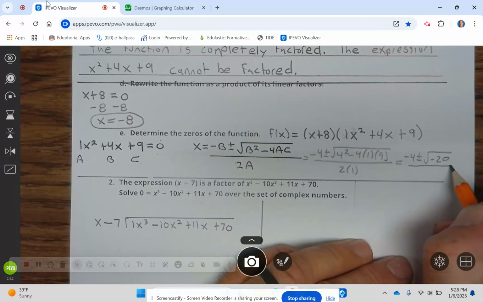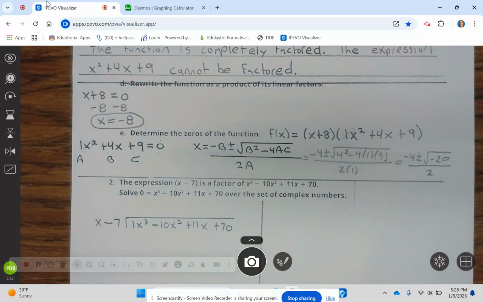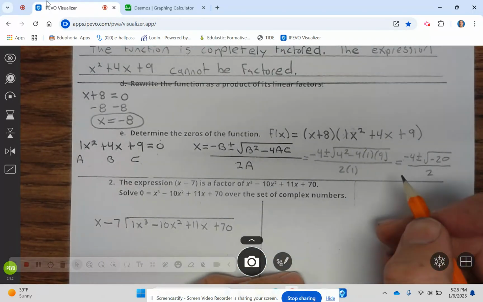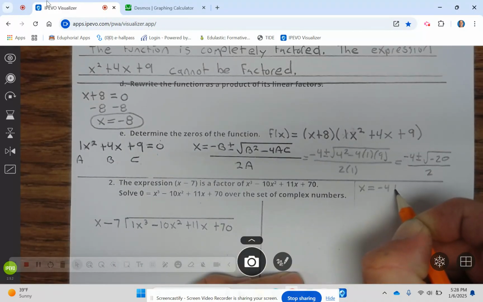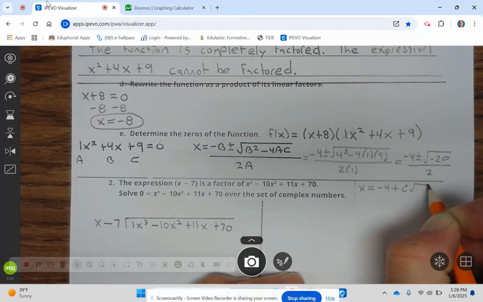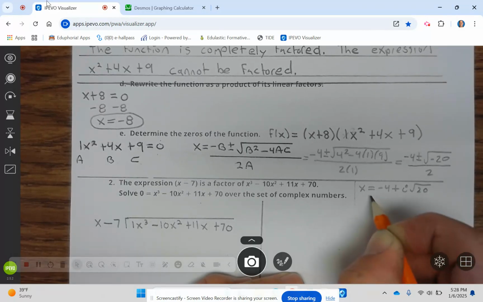divided by 2. Well, the square root of a negative number is imaginary, so x equals negative 4 plus i square root of 20 divided by 2.